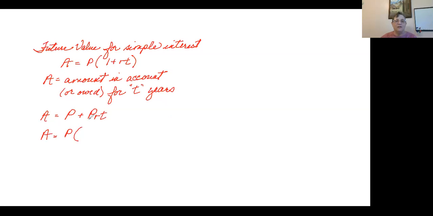This is 1 times P plus RT times P. So it's P times 1 plus RT. Now, since the rate doesn't tend to change over time, and the principal that you started with doesn't change over time, if you're wanting to know the amount over a given time, you can actually take the R times T, multiply that out, add the 1, and then multiply that times the principal.